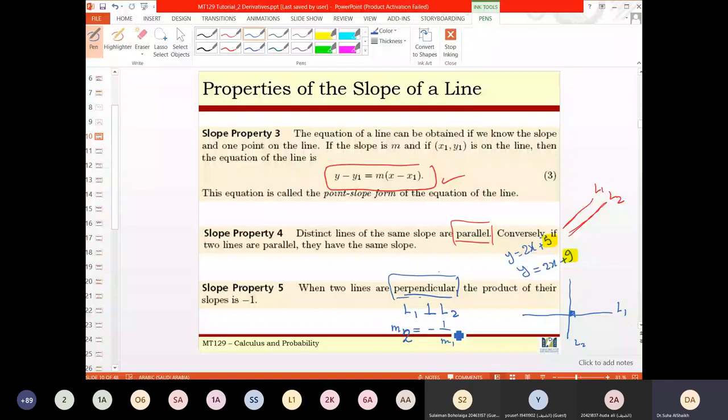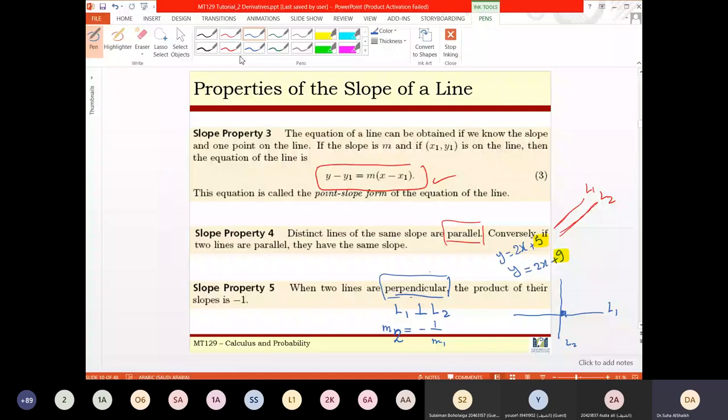Let me give you a simple example here. If you have line 1 given by y equal to 2x plus 5, then line 2, y equal to -1/2 x, let's say plus 7, is actually perpendicular to line 1.